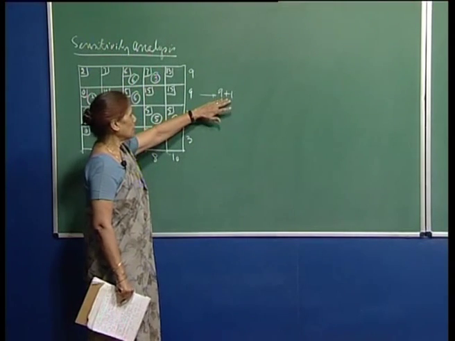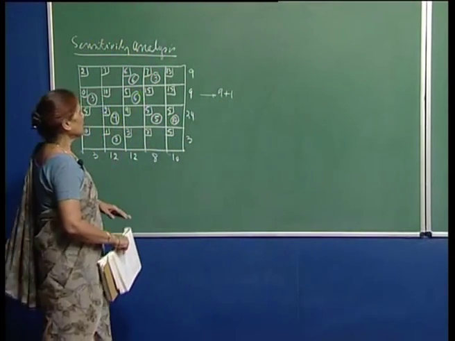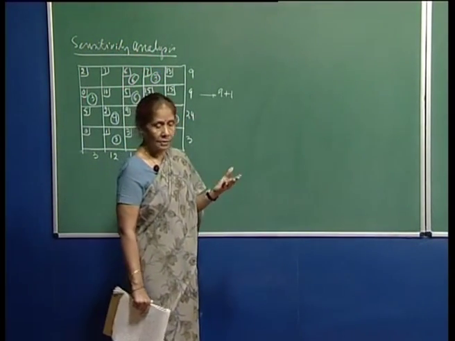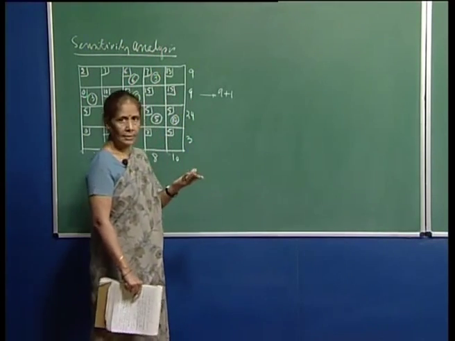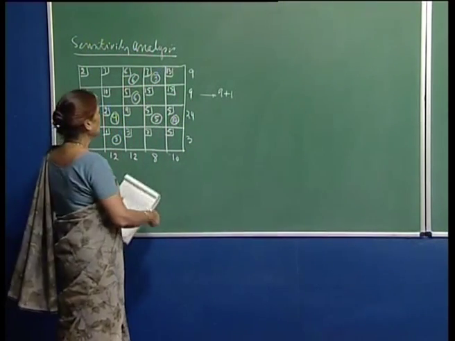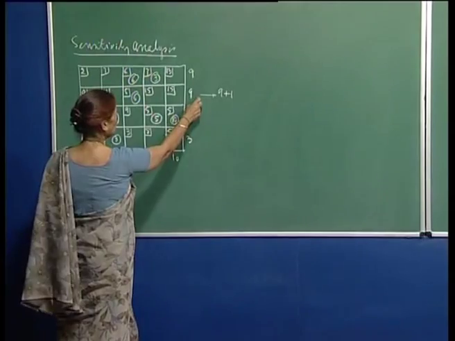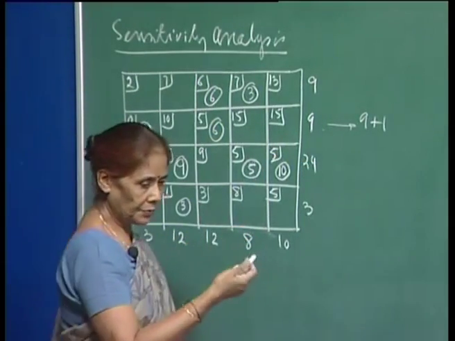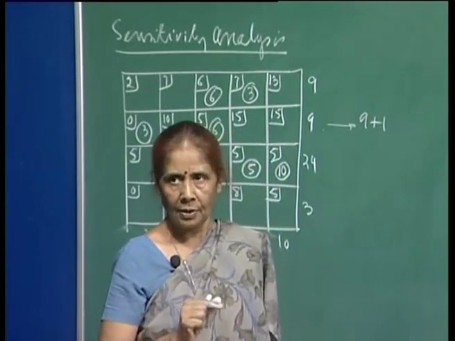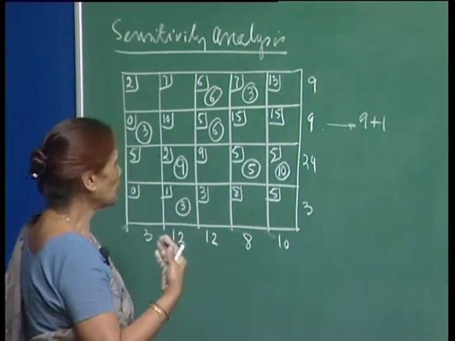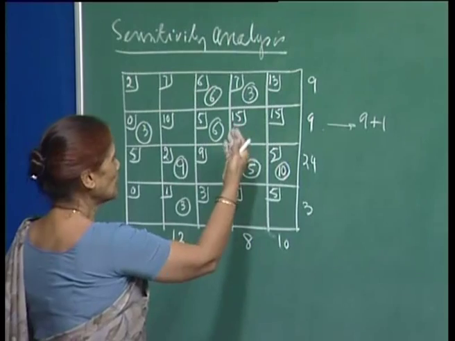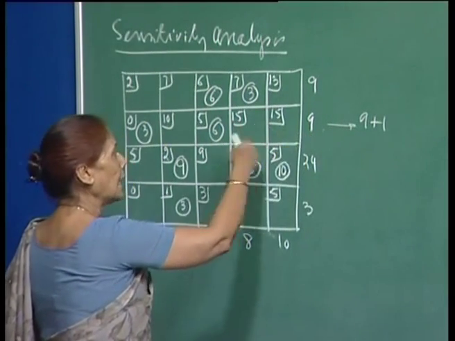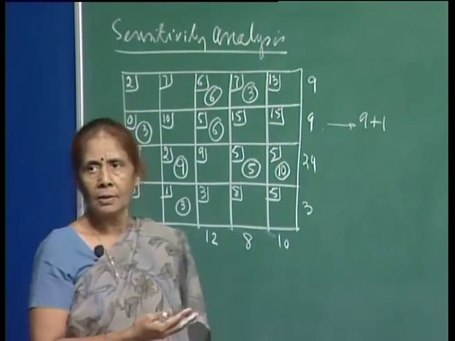So, the idea is that with this 9 plus 1, I have more amount available here, and the question asked is, will the cost change? That means, can the cost go down? That is the whole concern. Because it is possible that from this particular source, the cost of sending the material to different markets may be cheaper, or the cost on some of the routes that you are using in your optimal solution may be cheaper, and so you would like to send more from here and show the surplus elsewhere.